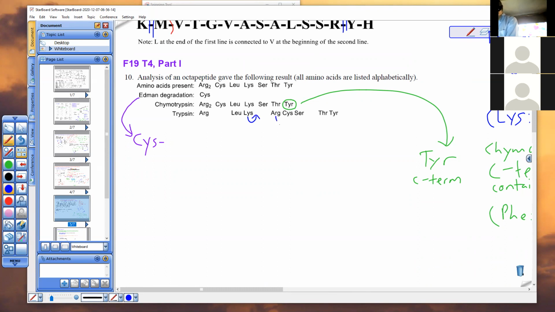Arg has to be after these two. Arg by itself, only 2 ways to do that is Arg, or Arg Tyr.